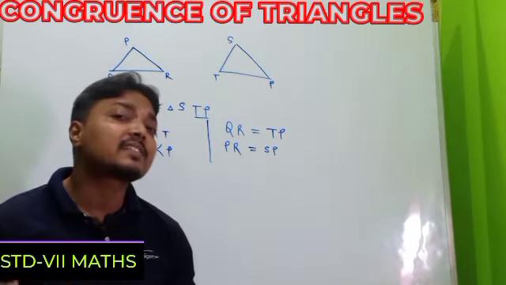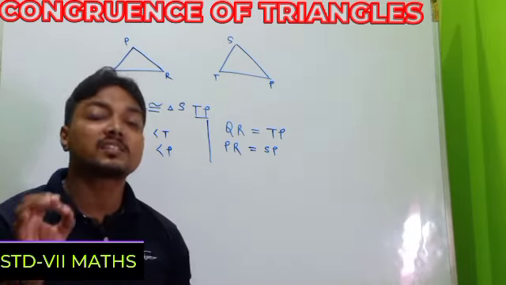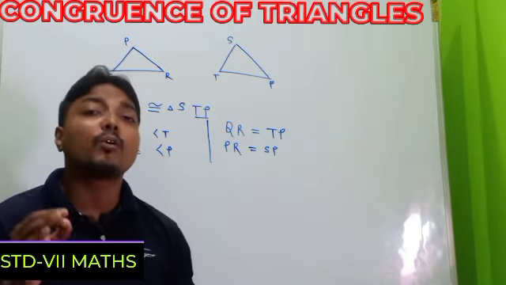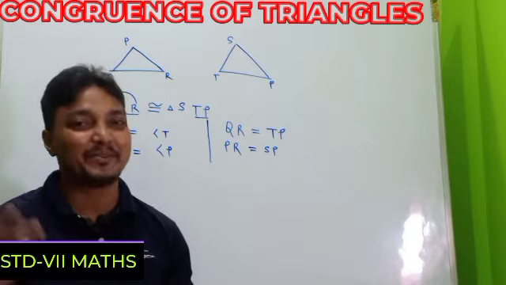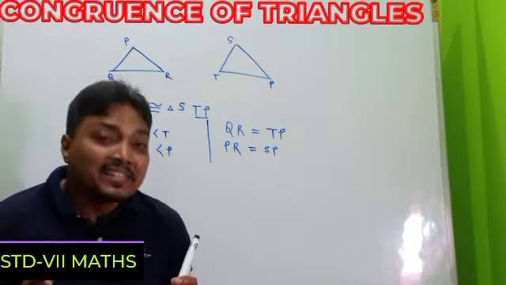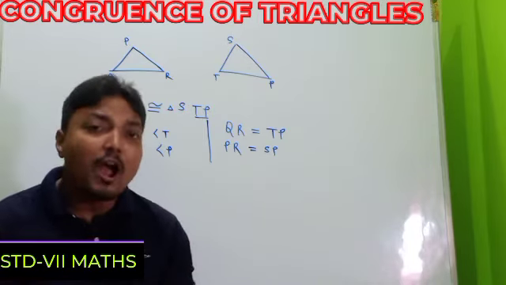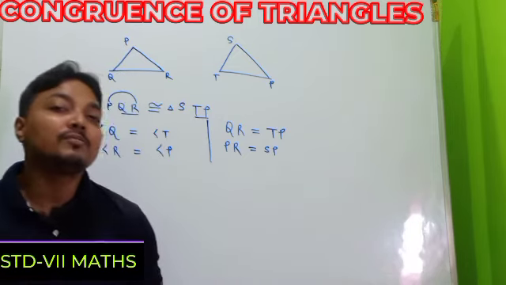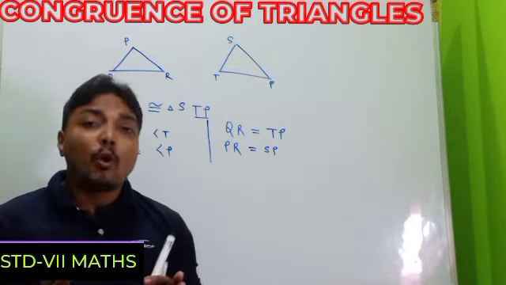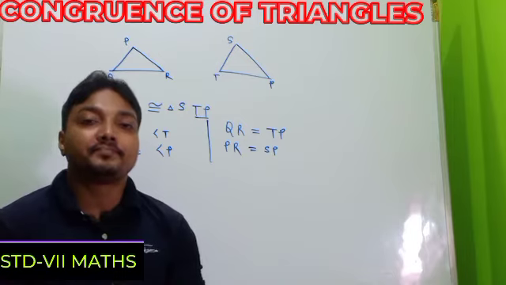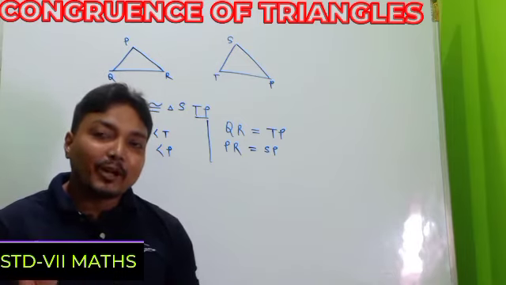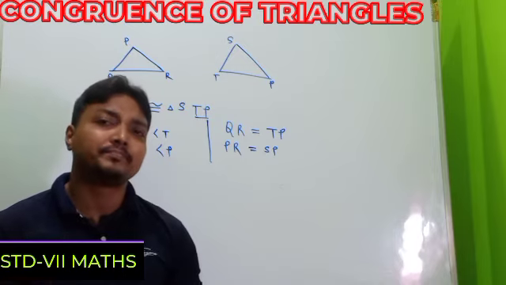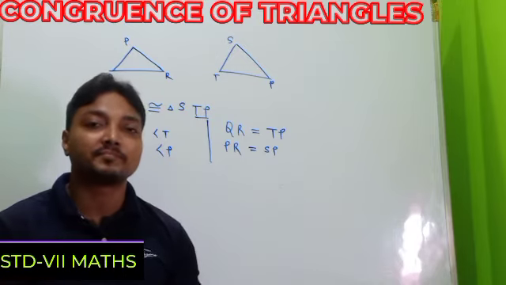In the next exercise, we will discuss the congruence criteria. What do you mean by congruence criteria? Very easy topic. And another thing I want to share with you: don't feel that the congruence chapter is only for standard 7.